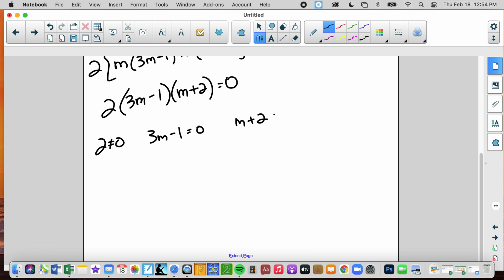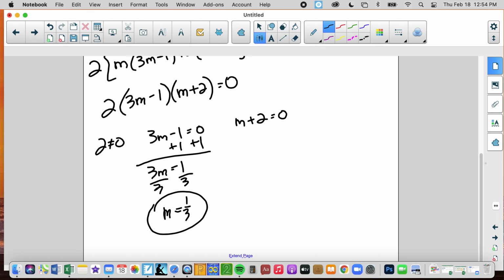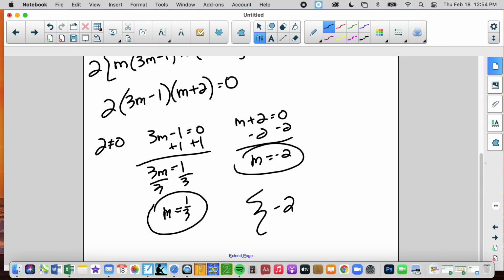M plus 2 equals 0. Add 1. 3m equals 1 divided by 3. M equals 1/3. That's a new one. Minus 2. M equals negative 2. My solutions, negative 2 and 1/3.